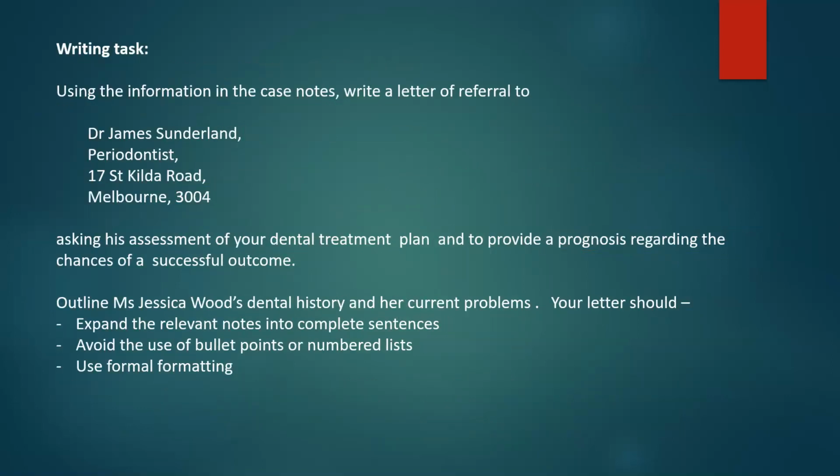When she came back, she said, I have stopped smoking. So you've got to write to this person here. He's a periodontist, not an endodontist, a periodontist, and ask his assessment of your dental treatment plan. And would he please provide a prognosis, a forecast of what's the chances of a successful outcome, right, if she has gum grafting done.